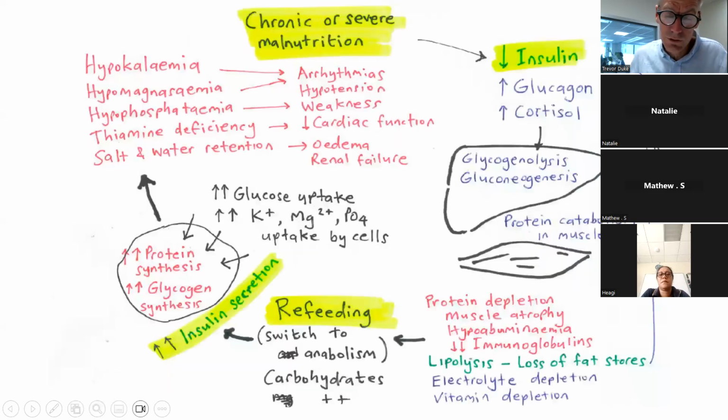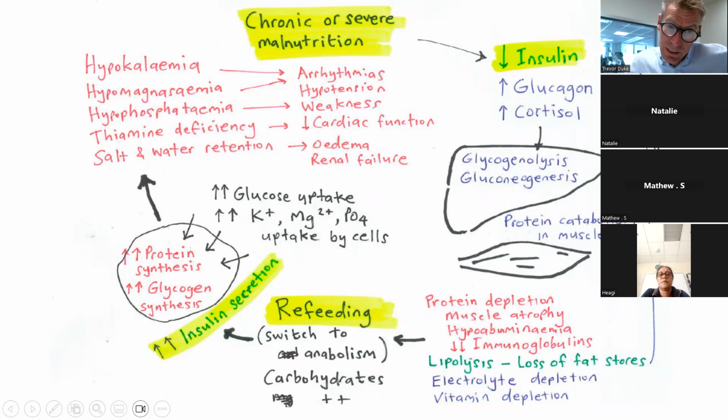This is just a cartoon showing the same thing. Remember, in starvation, there's a reduction in insulin, but an increase in glucagon and cortisol. So you get a breakdown of lipid, you get a breakdown of muscle eventually, and you get depletion of electrolytes. When you go to feeding a patient, it goes from catabolism to anabolism.